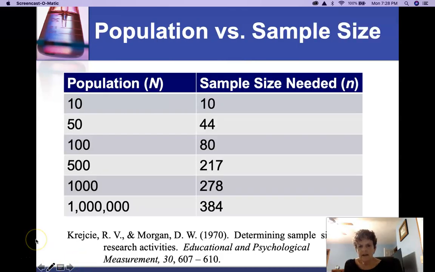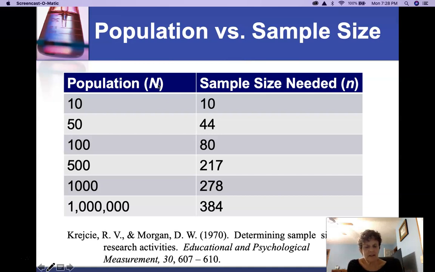Now this chart right here, even if you look at the date, you'll say, wow, that's kind of old, but this really hasn't changed. This tells you, for your big N, your entire population, what the size of your population is and how many you need in your sample for your sample to be relevant so that you can make correct inferences.